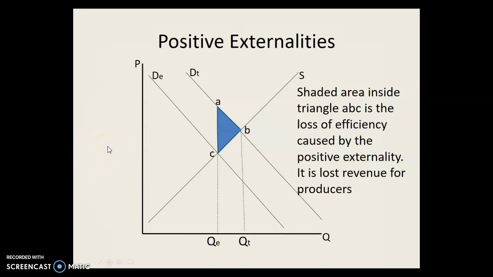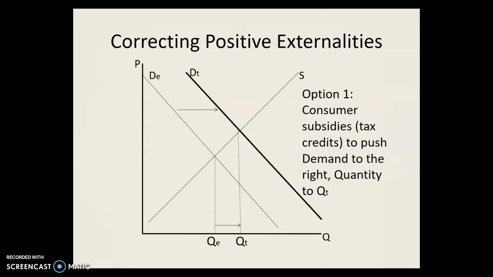So that's positive externalities. How do we correct a positive externality? Well, there are several options. One way would be to include consumer subsidies. A subsidy is like a tax credit. It's the opposite of a tax, where the government gives people money. If we were to give consumer subsidies, that could increase the demand. In other words, the government says, if you buy this product, we will give you a tax subsidy or a tax rebate for buying the product.